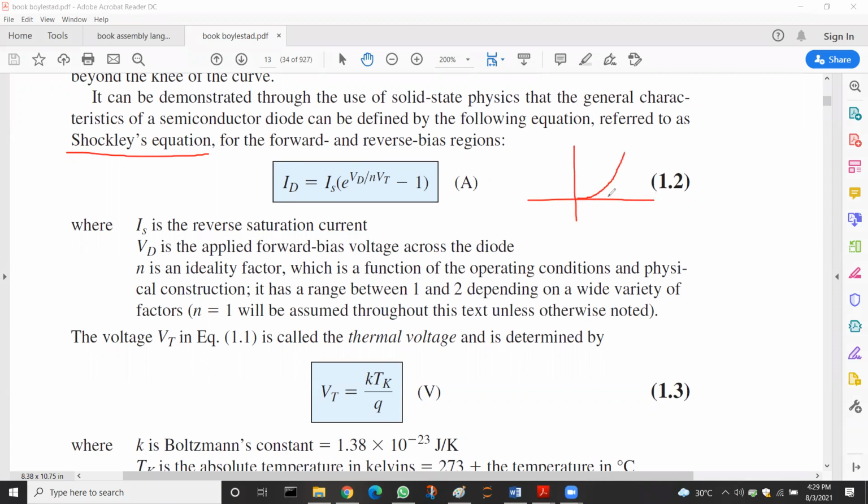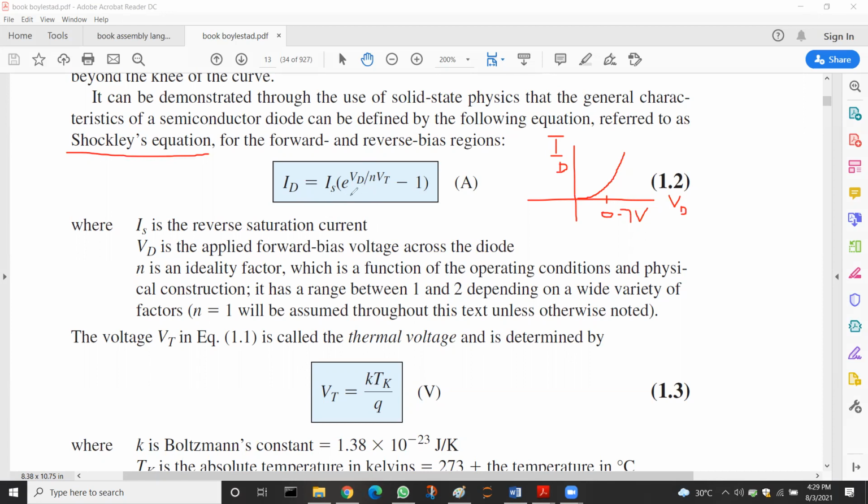Last time we saw 0.7 volts. This is the voltage across the diode, and this is the current through the diode. Remember, the current is in milliamperes.